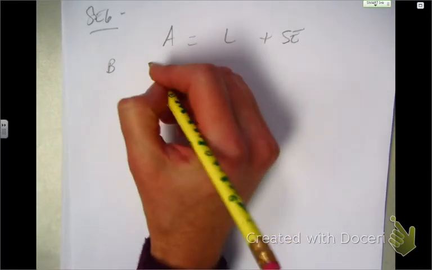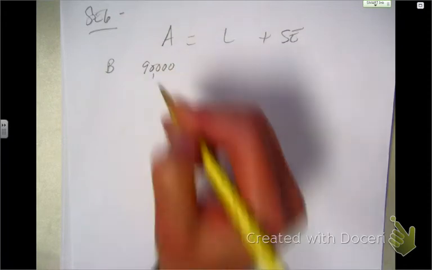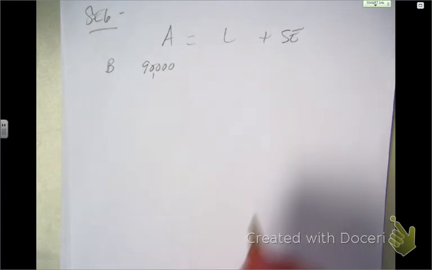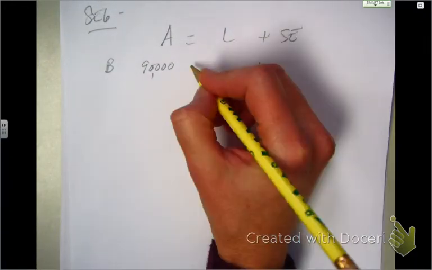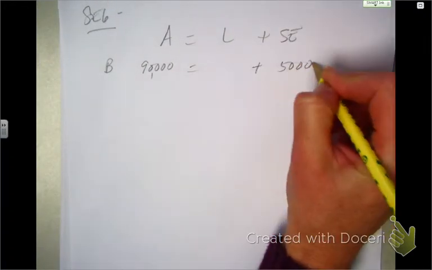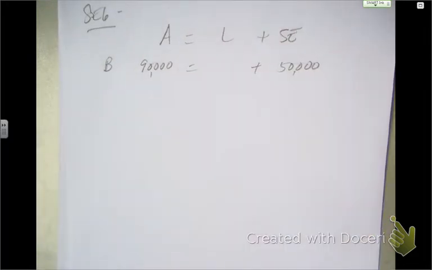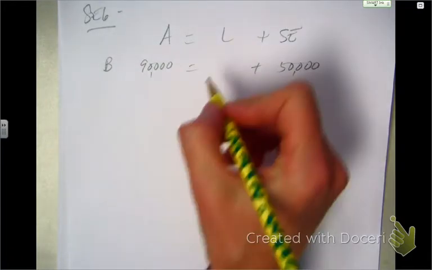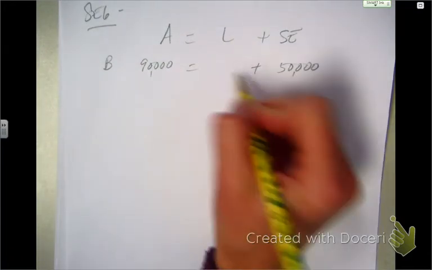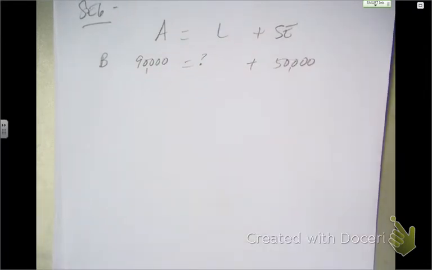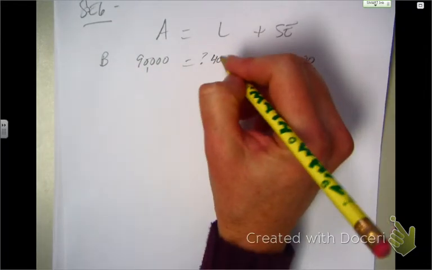Their assets were $90,000. And the stockholders' equity was $50,000. We don't know what the liabilities are, right, per se, but can we solve for this? Can anybody tell me what the liabilities are? 40. Okay.